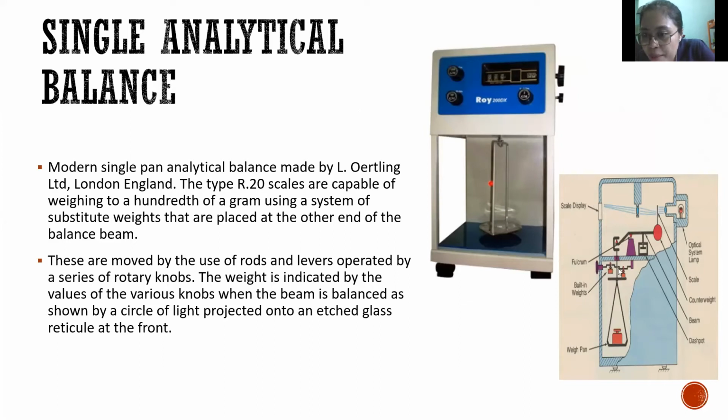So, dire weight pan, dini mo ibutang imuhang object. And then, may mga built-in weights pud ni siya. And, class, maghatag siya, musiga ni ang iyahang lamp and mao na siyang indication na maghatag na siya og reading.